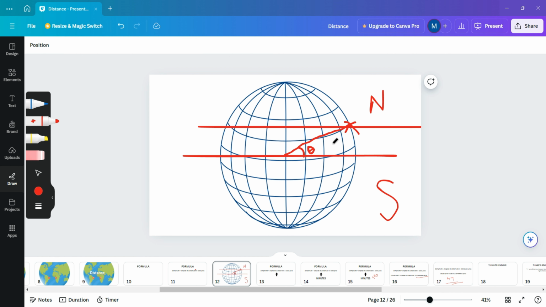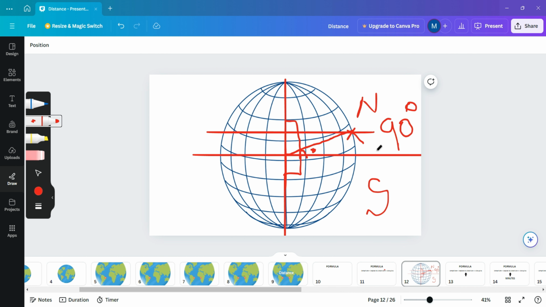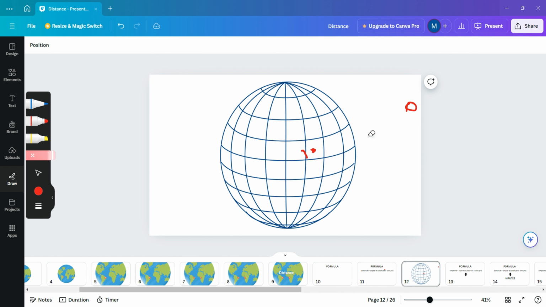So it comes out to be maximum at the poles when the value is 90 degree, or the angle between the latitude and the equator is 90 degree, and the minimum value for latitude would be at the equator. So this was the basics.